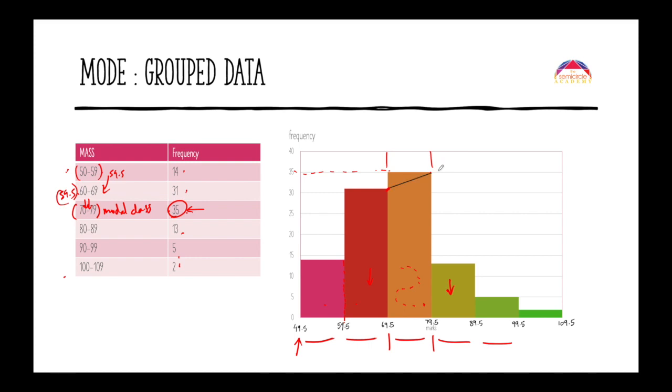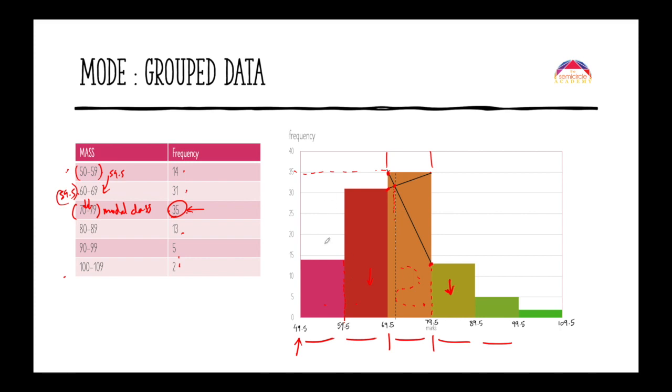So we have that line going on. Then we look at the class after, the upper class, and from this upper boundary point, we will draw a line connecting to this side of the modal class here. And where those two lines intersect, we could now draw a vertical line downwards.